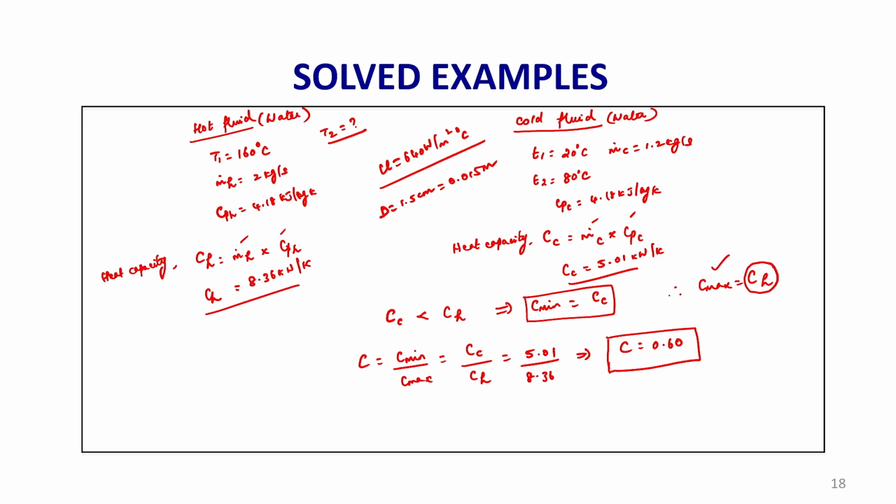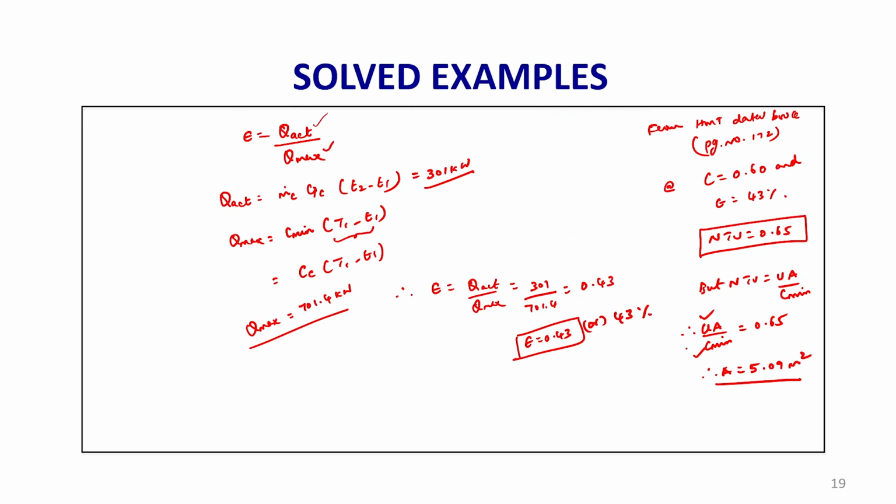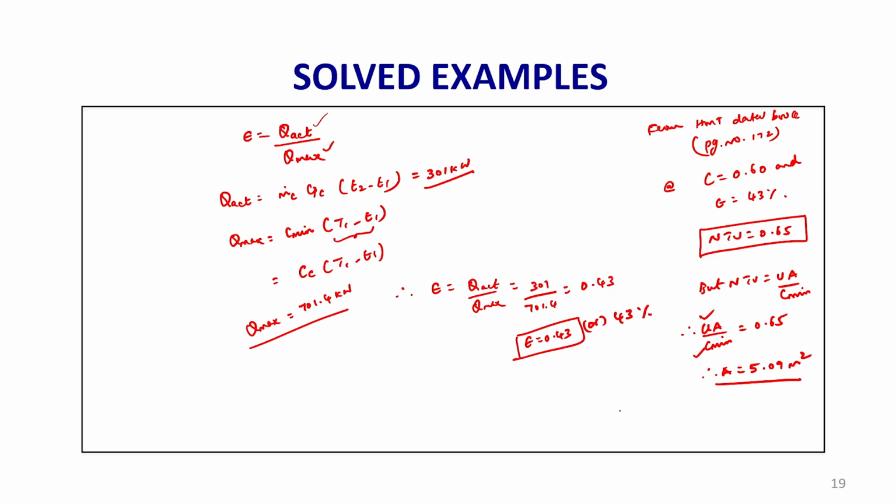So, 5.09. If U is given in watts, we have to change C minimum into watts; do not substitute in kilowatts. If the numerator is substituted in kilowatts, then the denominator also has to be in kilowatts. Now A is equal to pi dl.